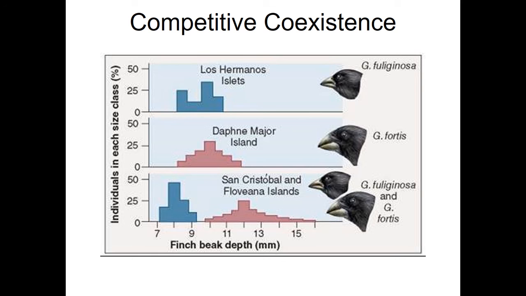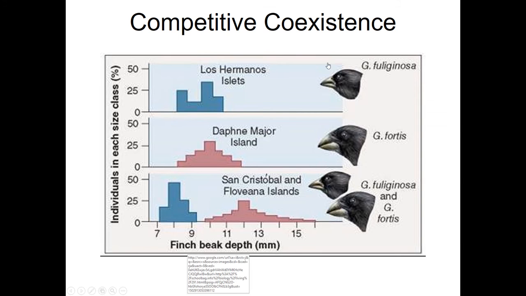So I really like this example. These are some of the finch species that lived on the different Galapagos Islands. What we're looking at here in this graph, let's orient ourselves for a minute. We have different islands, okay? And what we're looking at here is the depth of the beak.